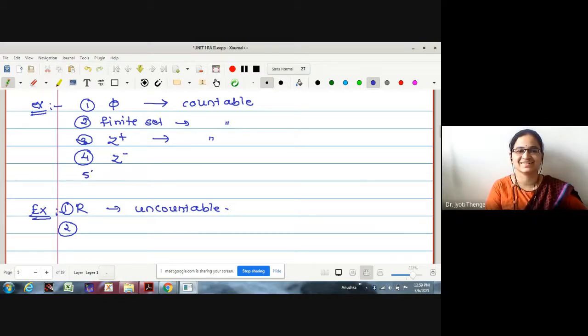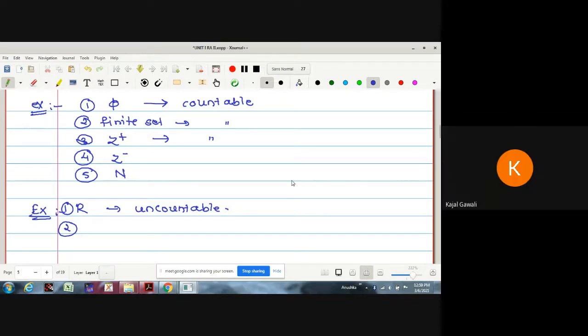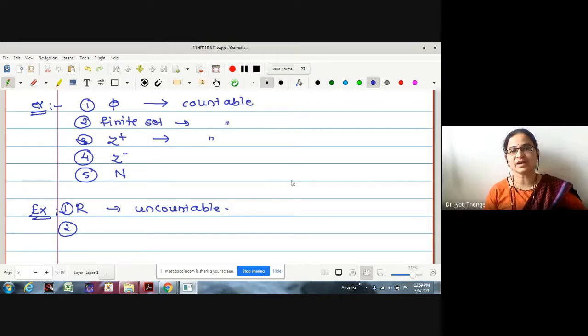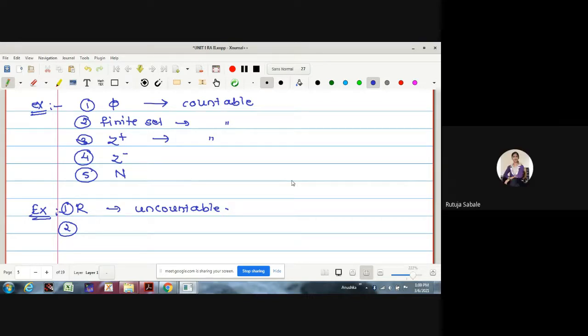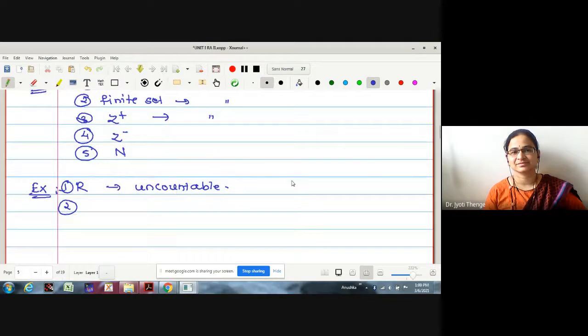Good. What about the integer set, including both positive and negative? Countable. Sure. Yes, ma'am. Next, what about the closed interval 0 to 1?